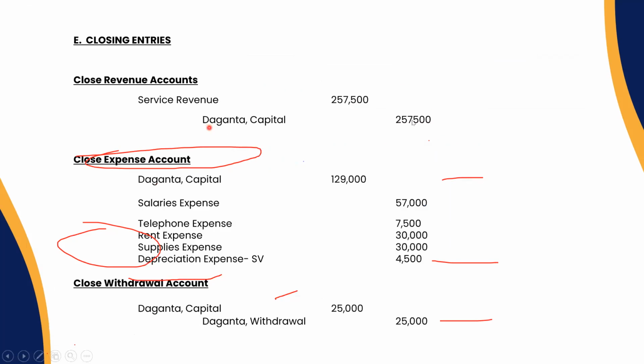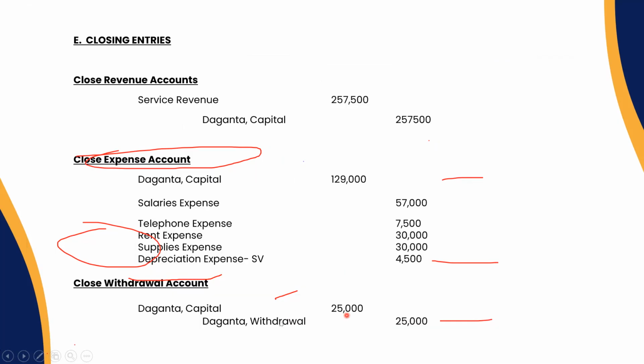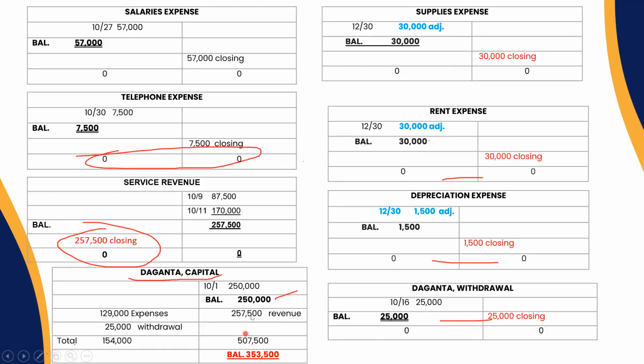We have here Daganta Capital, credit 257. There is Daganta Capital, debit 129. There is Daganta Capital, 25 debit. So just post them. There is 257,500 revenue credit, expenses 129, and 25 withdrawal.